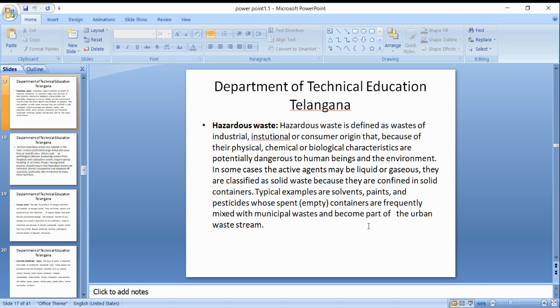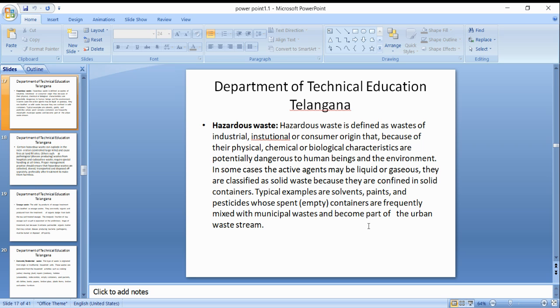Next comes hazardous waste. These are defined by their physical and chemical properties. Hazardous means toxic materials coming from industries, institutional or consumer origin, which because of their physical, chemical, or biological characteristics are potentially dangerous to human beings.